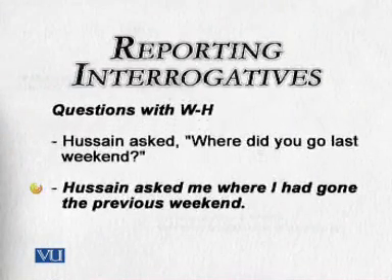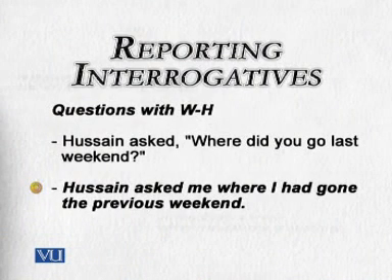You can see Hassan asked me where, and just like auxiliary verb interrogatives after if and whether, we used to change our sentences into simple patterns, subject coming first, verb coming second. Exactly the same way in WH interrogatives also. After we change into indirect speech, after WH, pattern of the sentence will be subject first, verb second, no matter what. Take a look. Where I had gone, not where had I gone, rather where I had gone the previous weekend. The time signifiers also changed.